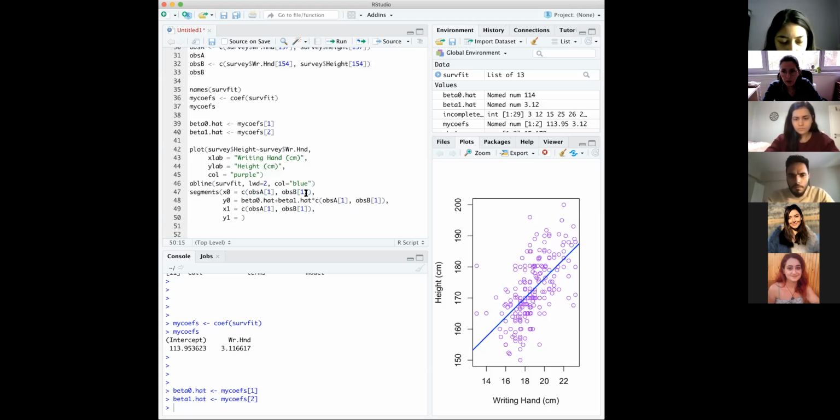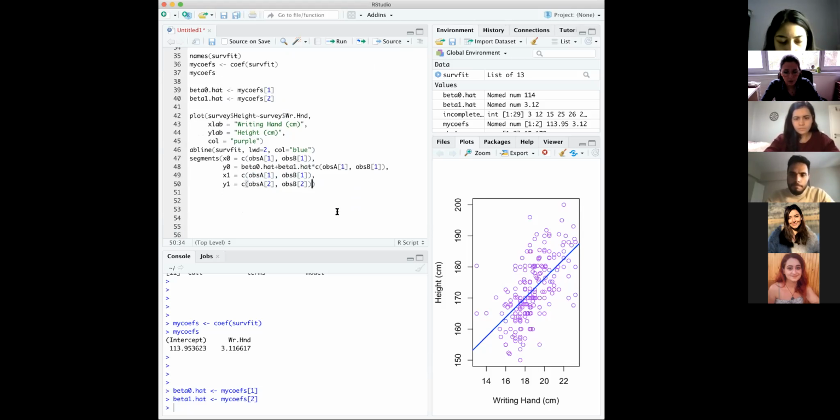And maybe I can just get this part from my code. Here is my 2 and my 2 in here. And so let's just add some more options: lwd equals 2 and color equals red. This is up to you guys.